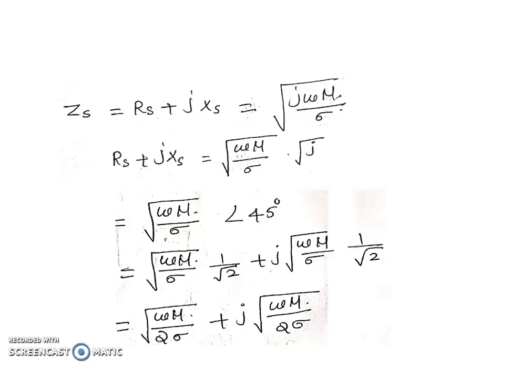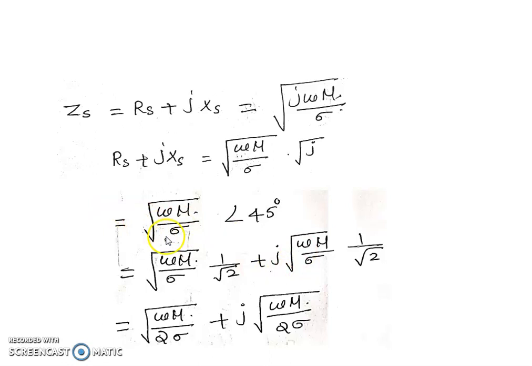So we can write this equation as, firstly, a into cos theta plus j sin theta. So apply the value of a. A here is root of omega mu divided by sigma, and we apply the value of cos theta. Theta is 45 degree, cos theta is 1 by root 2, plus j into j sin theta, where a is common here.